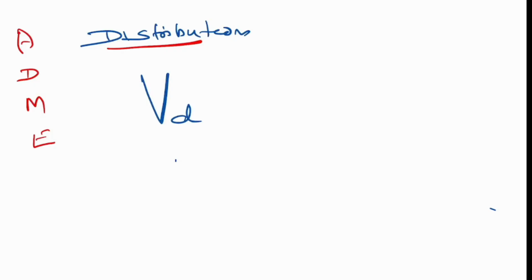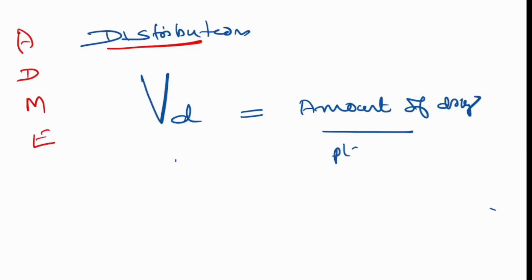VD is the amount of drug in the body divided by the plasma concentration. That is the volume of distribution.